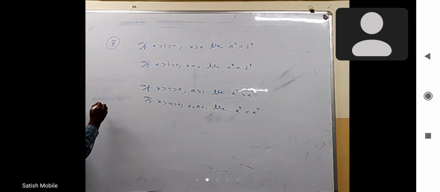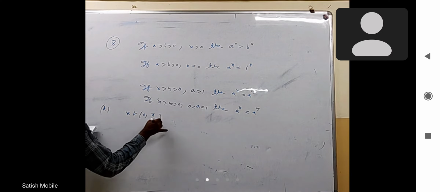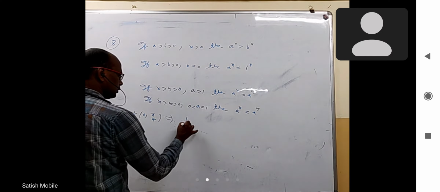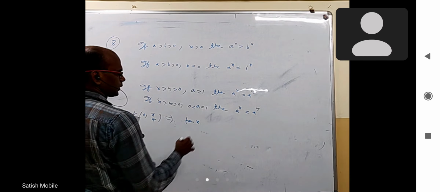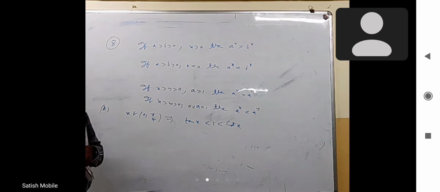So, coming to option A, x belongs to 0 to pi by 4 implies tan x is less than 1 and this is less than cot x. So tan x is less than 1 and cot x is more than 1.